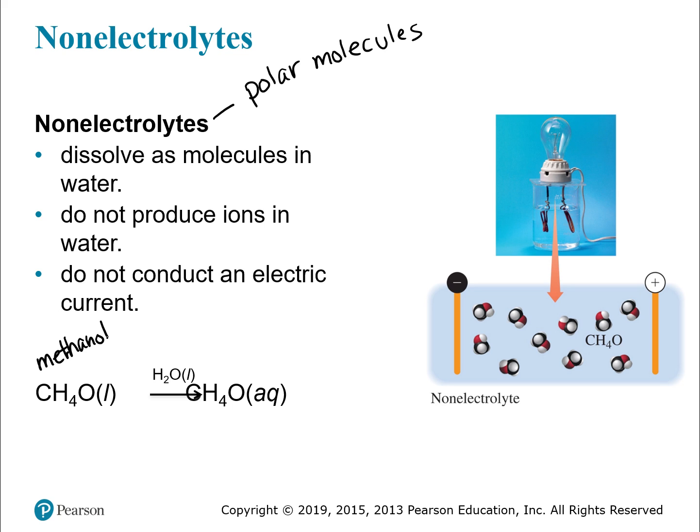Methanol has a polar group on it. That red and the grayish white, that's an oxygen bonded to a hydrogen. And that's polar. That allows the methanol to dissolve in water. But you're not producing any ions.